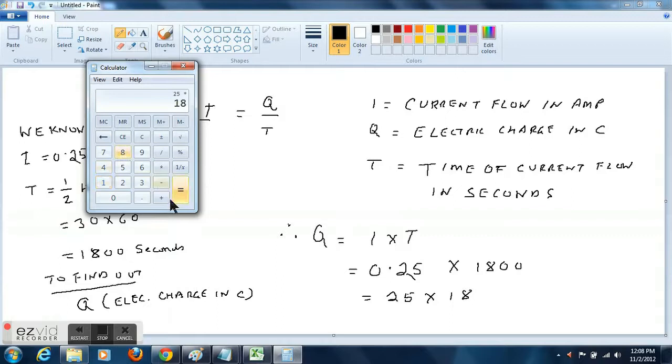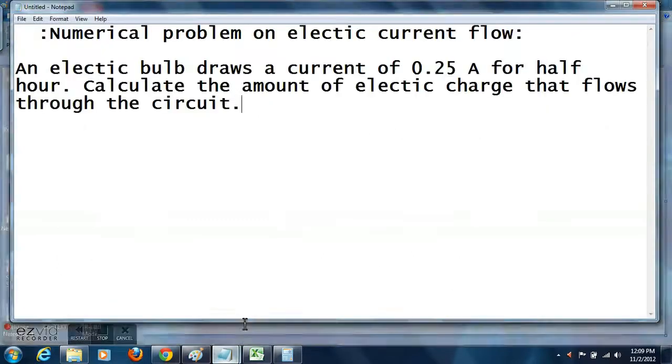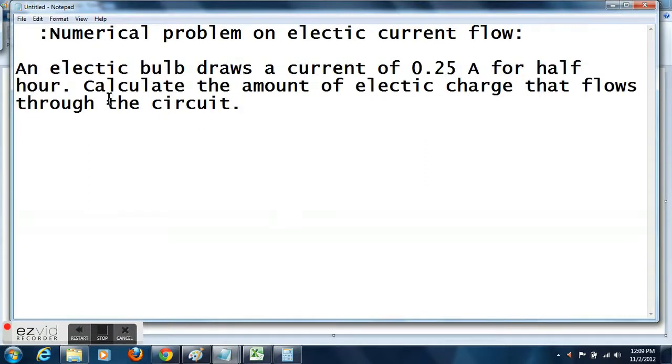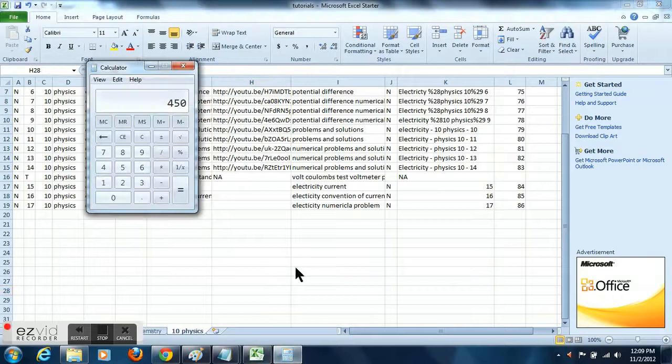Let us do it in our calculator. 25 times 18 comes to 450. So 0.25 multiplied by 1800 is the same as 25 multiplied by 18. Now let us look into the problem. We have to calculate the amount of electric charge.